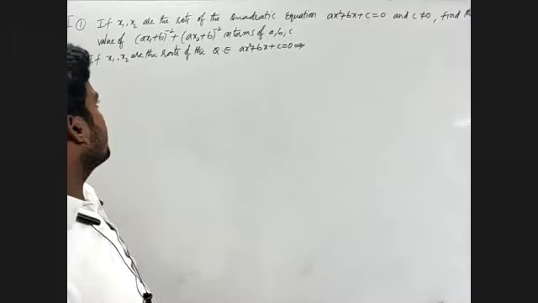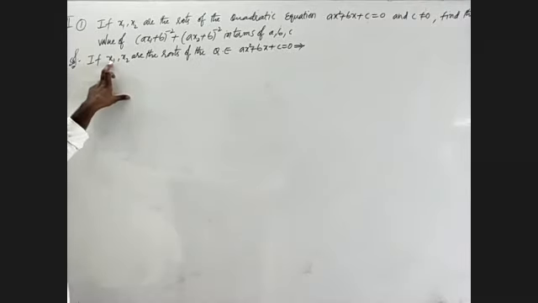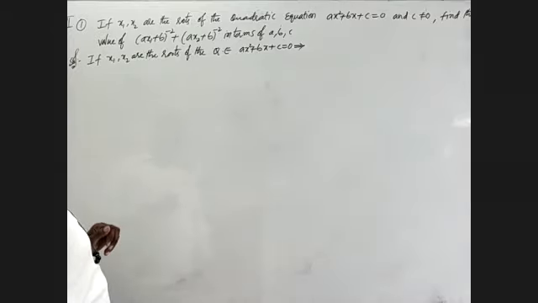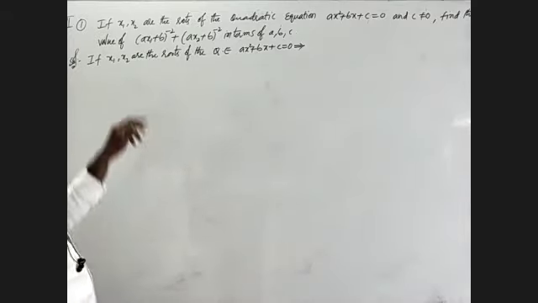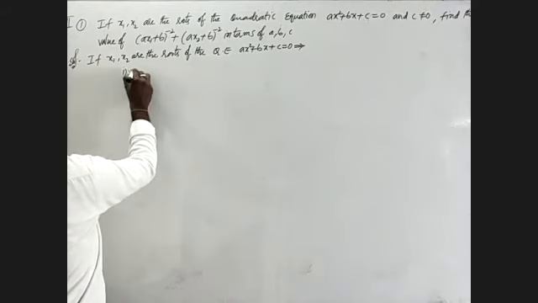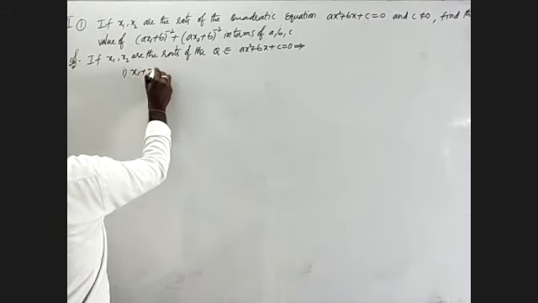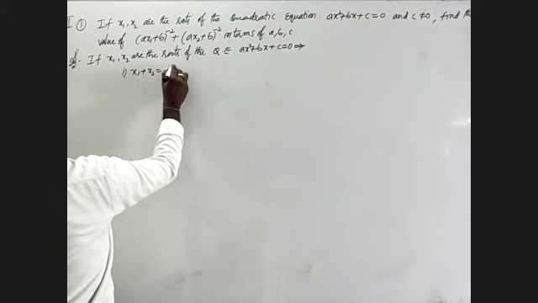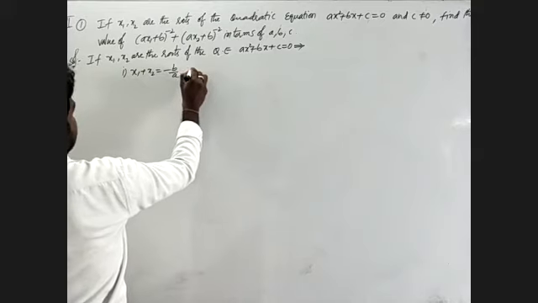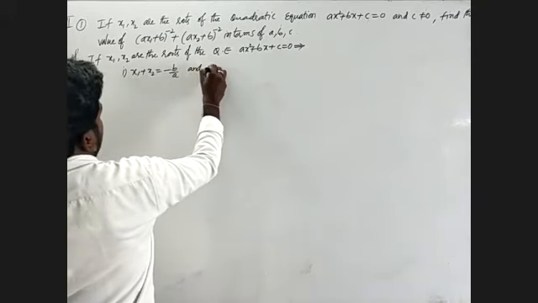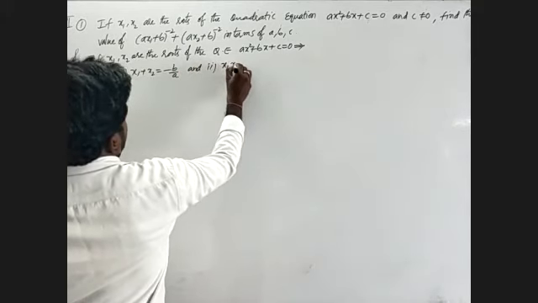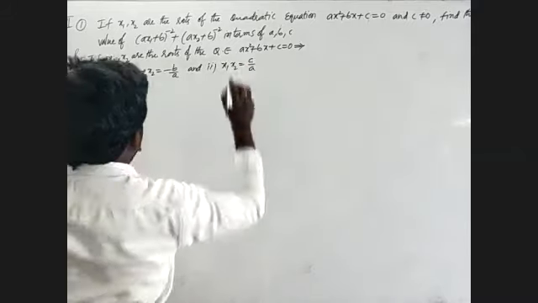But in this problem, alpha is replaced with x1 and beta with x2. So the first condition is x1 + x2 = -b/a, and the second condition is x1 x2 = c/a.